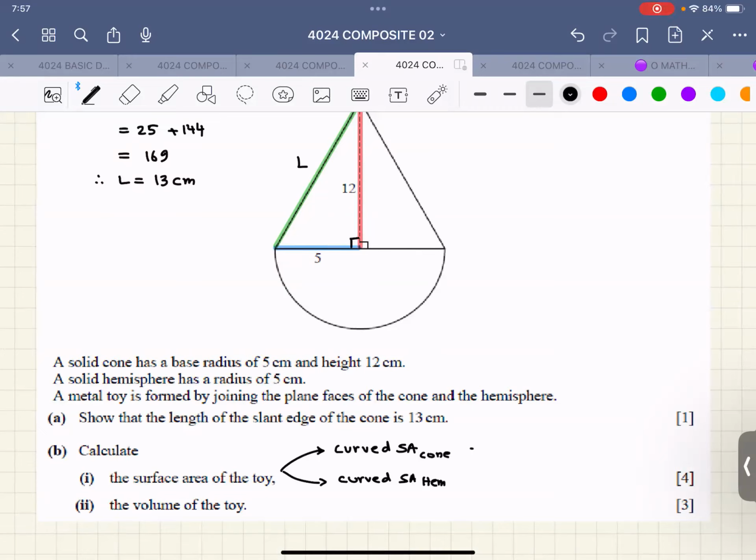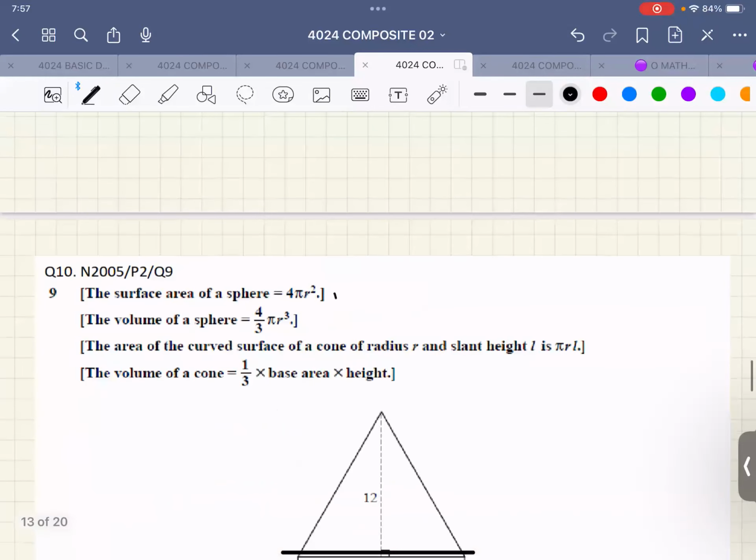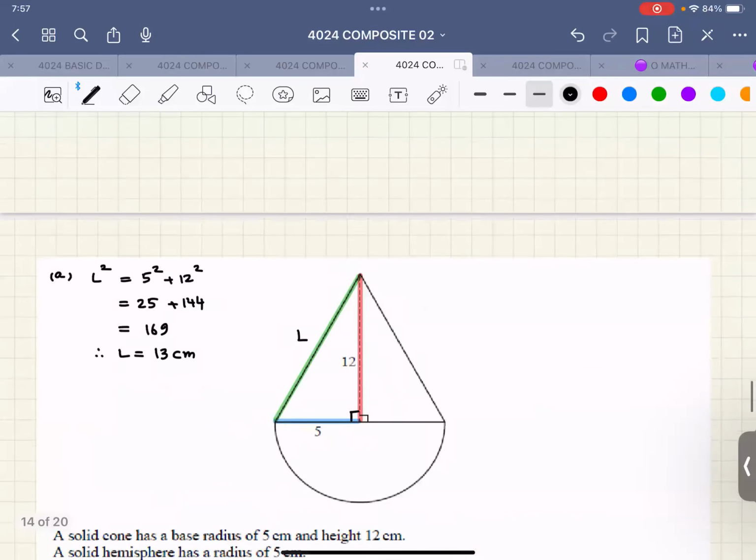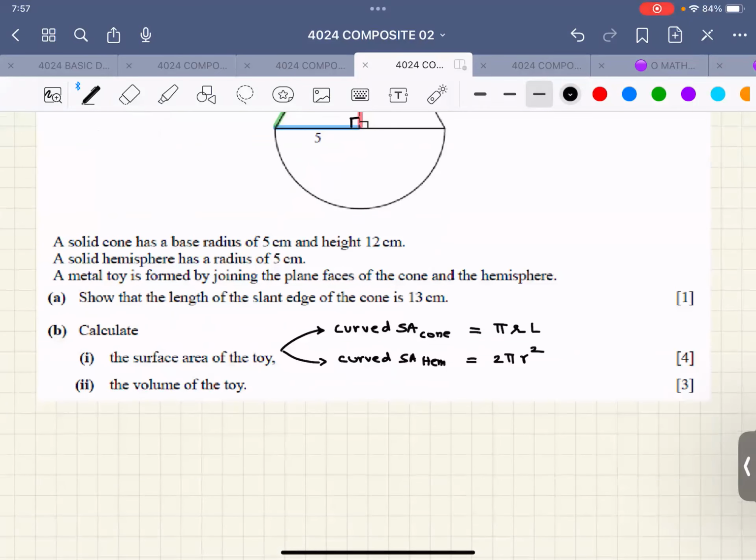Curved surface area of a cone is pi r L. Curved surface area of a hemisphere is 2 pi r square, which is half of the sphere's value. So therefore, for part B, part 1, the total surface area is pi r L plus 2 pi r square. Let me take pi common. Let me take r common.